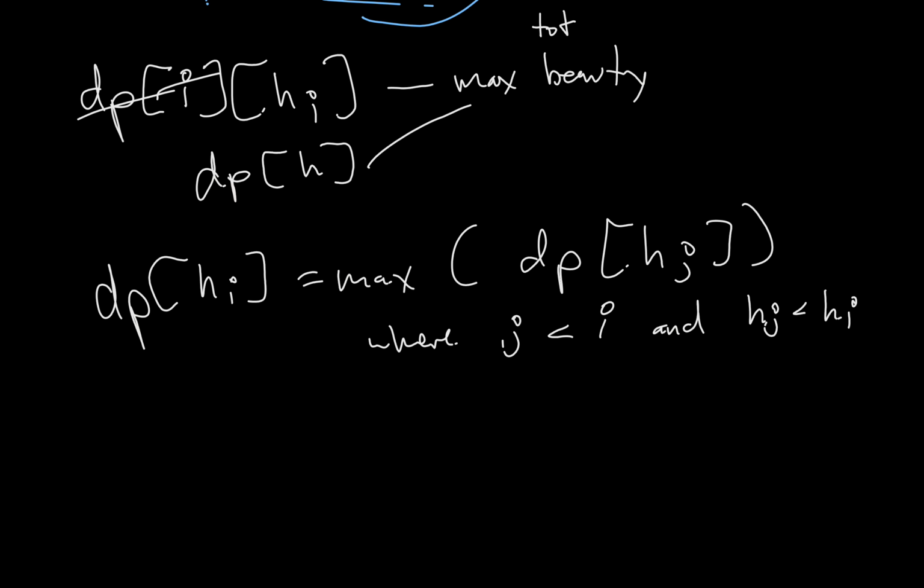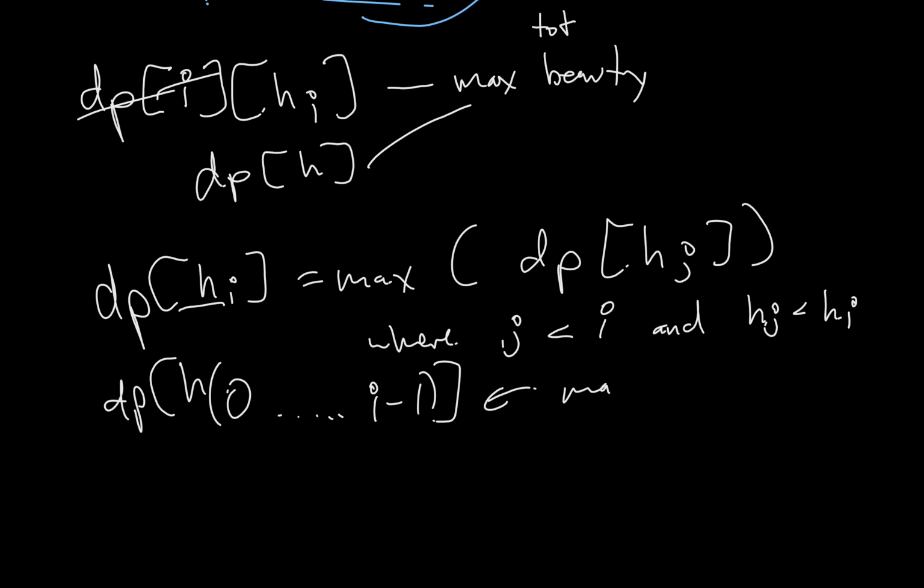So essentially you'd loop through the array, and for each flower, you would check all of the DPs for the previous flowers before it, from 0 all the way to i minus 1. Sorry, it would be the heights of those, and you would find the maximum.